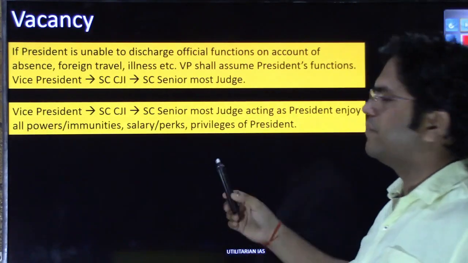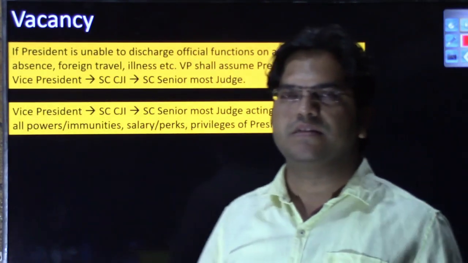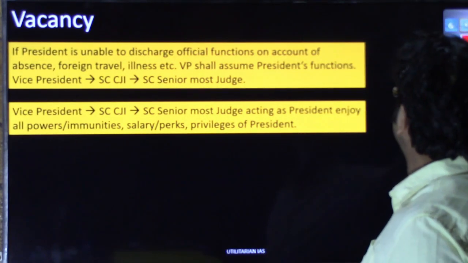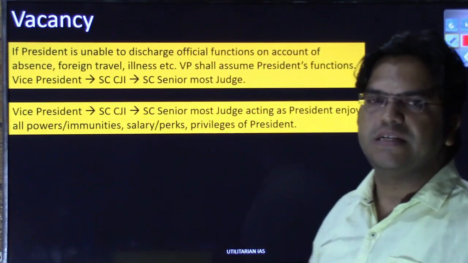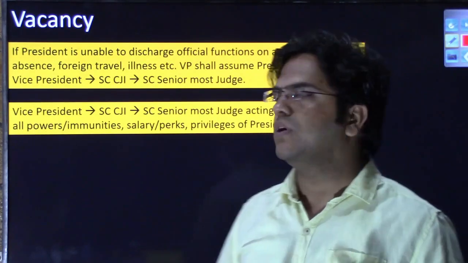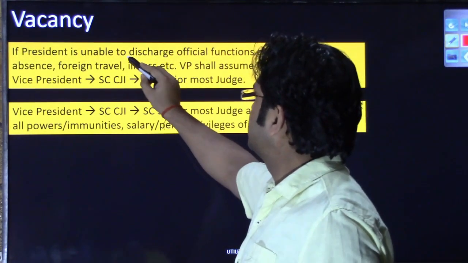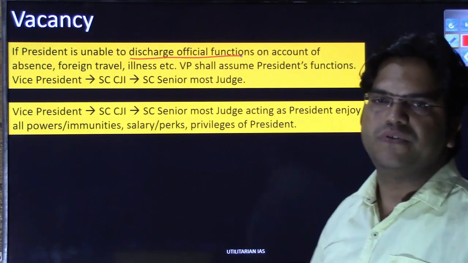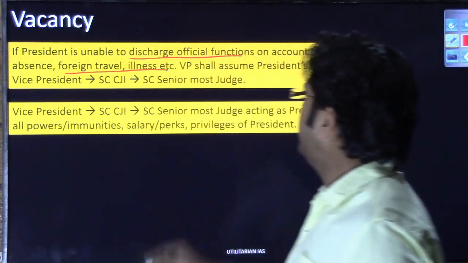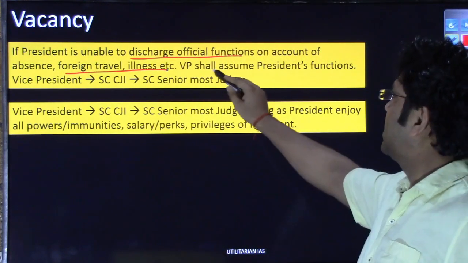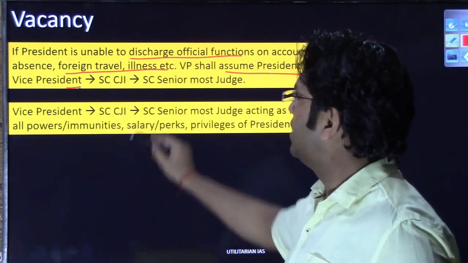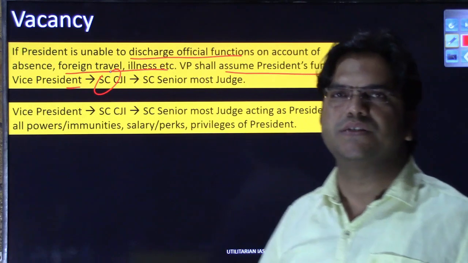And in another case, the vice president, the Supreme Court CJI and the senior most Supreme Court judge can act as president, and that situation is if the president is absent either due to illness or if he is on a long foreign tour, right. So if he is unable to discharge official functions on account of absence, foreign travel or illness, the vice president shall assume the president's functions. If the vice president cannot assume, again the same sequence, the Chief Justice of India.